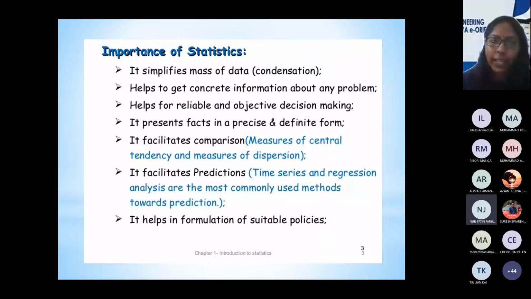Okay, and it helps in the formulation of suitable policies. You would have been exposed to this during our COVID-19, where a lot of information was collected, a lot of surveys were done to see how people were suffering, how we can help people, and what kind of first aid and assistance can be given, like how they used to give the BPH, is it the bantuan?